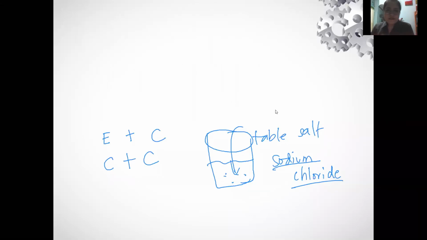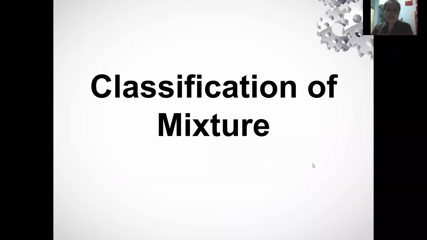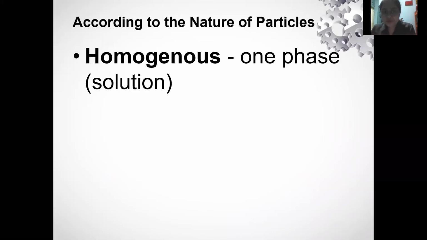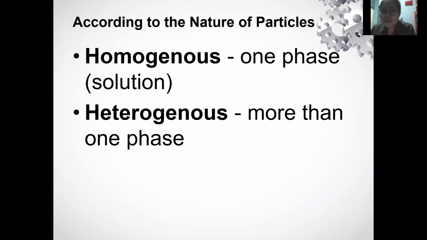Okay, let me delete the writings again. So let's have a review again of the classification of mixtures. First, according to the nature of particles, we have 2. We have homogeneous, that's one phase solution, and heterogeneous, that's more than one phase.